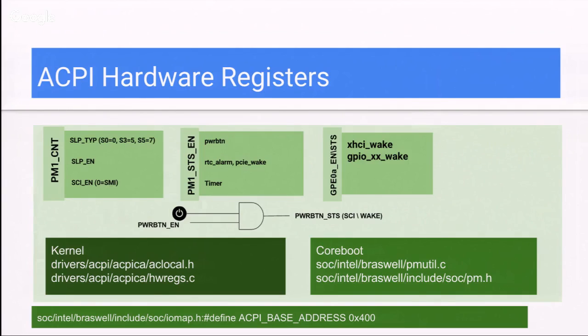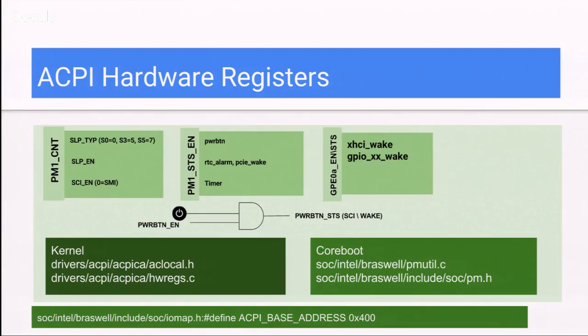related to power management. And the PM1 status and enable covers the fixed events. For example, if I take the power button as an example, I need to enable that bit in that register so that if my system is in a working state and the power button is asserted, then it can generate an SCI event.